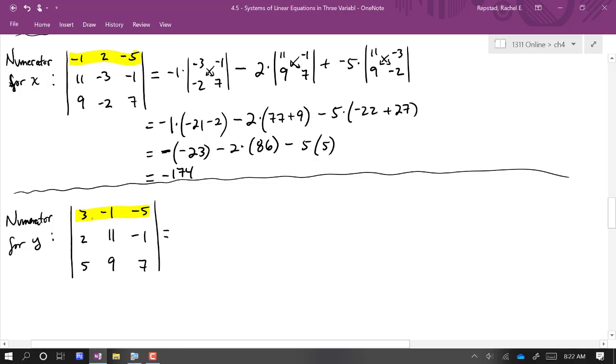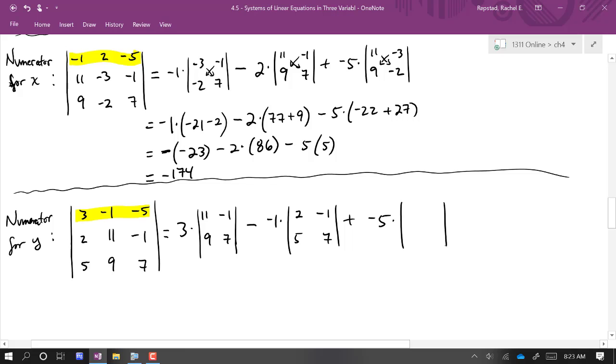Alright, so our first entry, 3 times this 2 by 2 that we get is 11, negative 1, 9, 7. Minus a negative 1 times 2, negative 1, 5, 7. And then plus negative 5 times the 2 by 2 that we're left with, which is 2, 11, 5, 9.